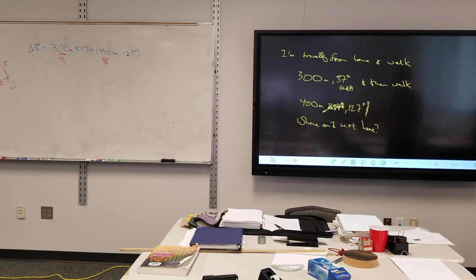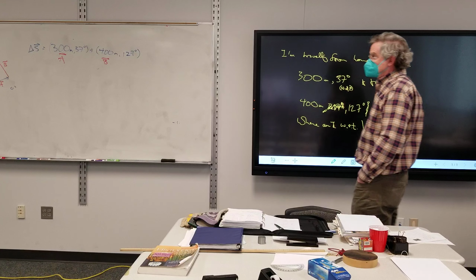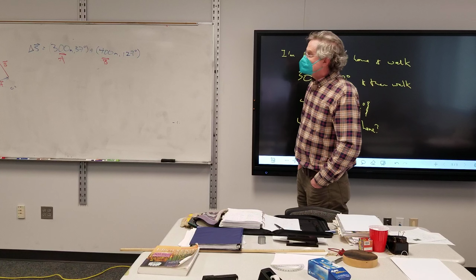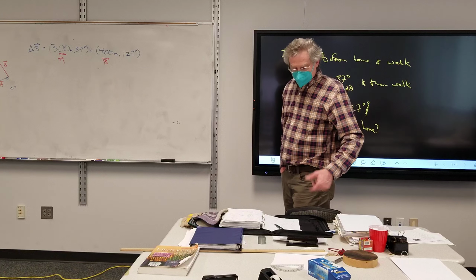It's a crude sketch, because of the numbers I picked here. Yes, this can be done in a simpler way than what we're about to do. I believe, unless I made a careless error, it'll be 500 meters, 90 degrees. Let's find out.